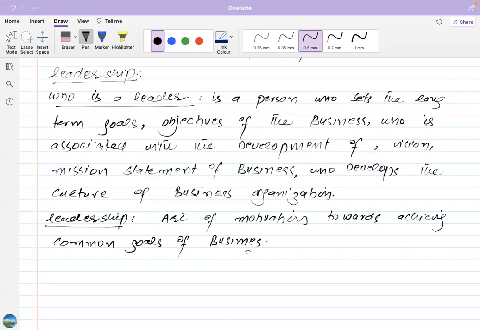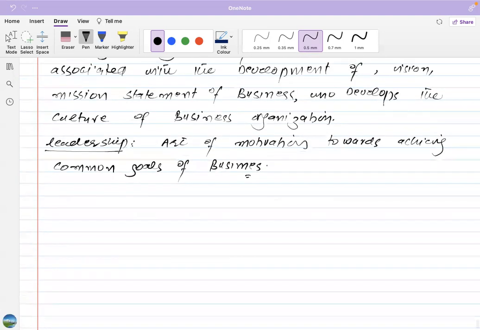Now, coming back towards the topic, we are actually going to talk about two things. One is the leadership positions in the business organization. We will study who owns the position of leader in the business. And then we'll study what the types of leadership are. In the new syllabus, leadership and management will be commonly used.